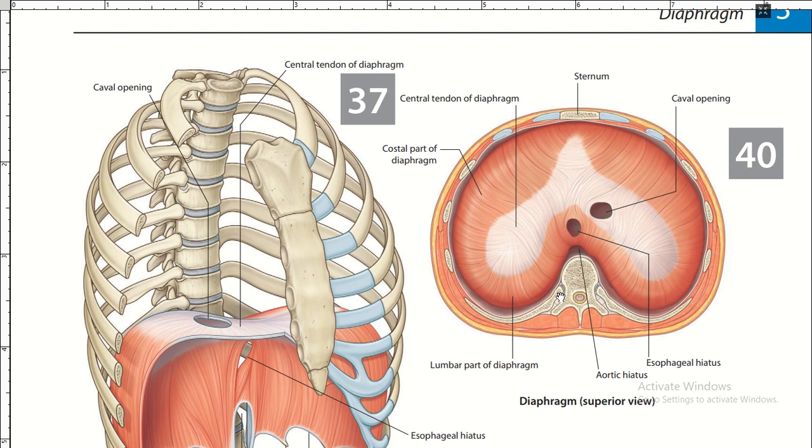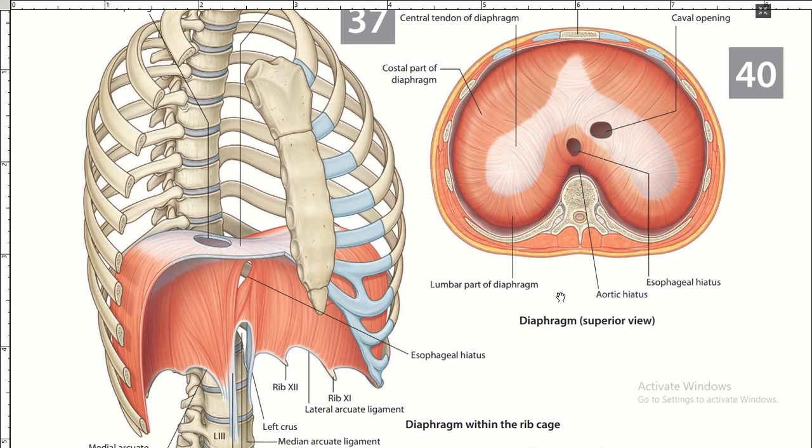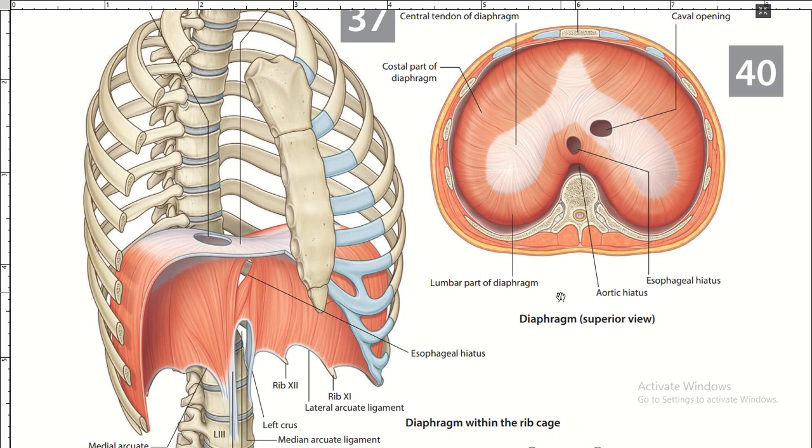So a diaphragm is a muscle that separates two cavities.